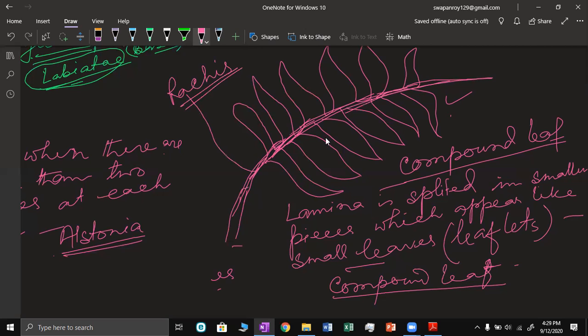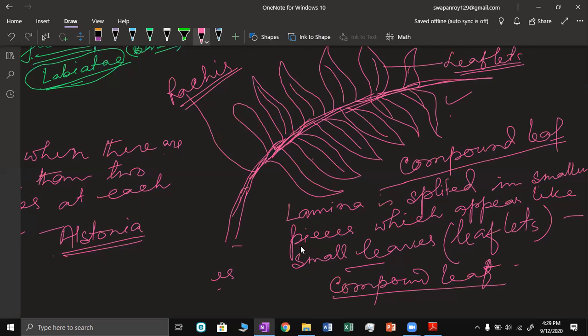So on the rachis there are leaflets. Each leaflet also has a midrib. These are called leaflets.